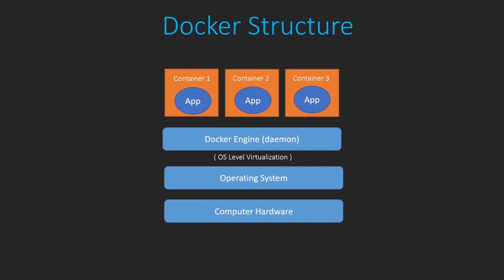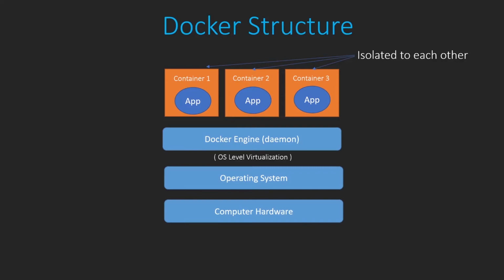Which means if a web application requires Node version 8, and another application needs Node version 12, then these two applications run in separate containers, and each has its own dependencies as well. So the container 1 Node 8 dependency won't interfere with the container 2 Node dependency. It's all isolated from each other. And we can also run multiple containers at the same time.